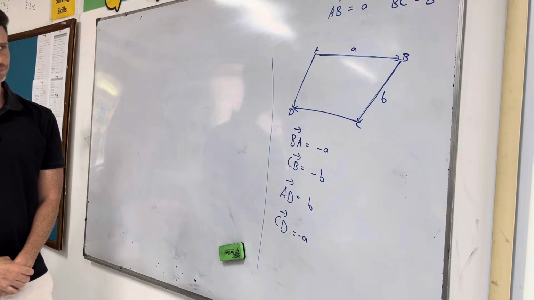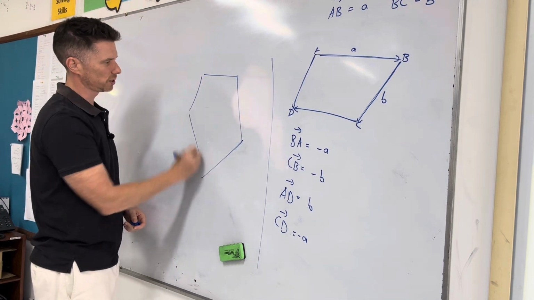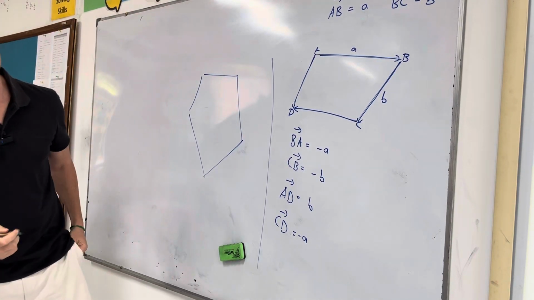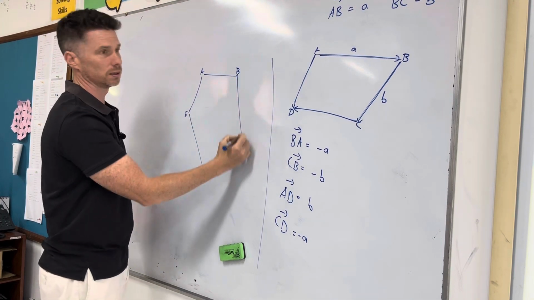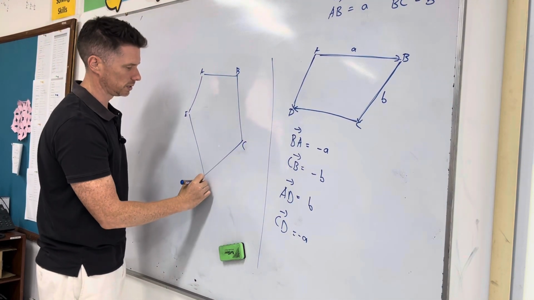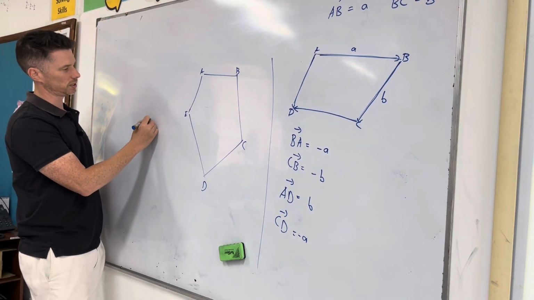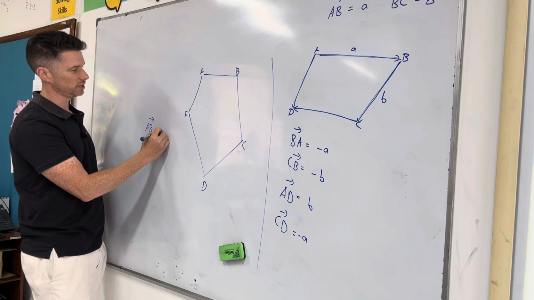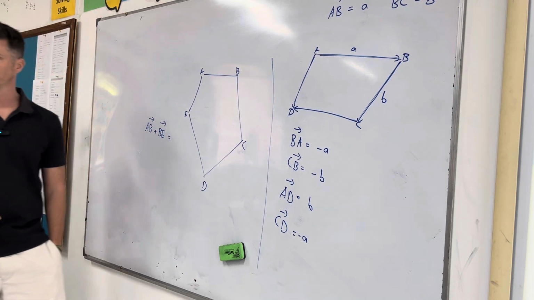All right. They've created some sort of a pentagon in this second question. It's not a regular pentagon, so these distances are different. So we have A, B, C, and D. They want to say, instead of writing this combined vector, what is one quick way we could write that?